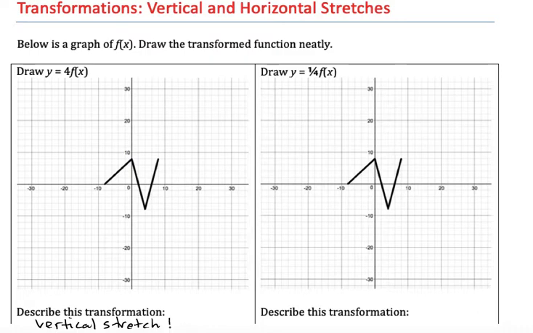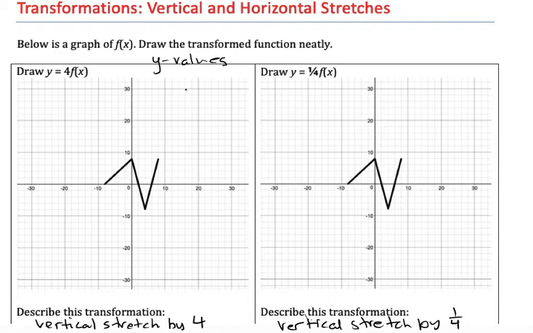Here it's going to be a vertical stretch by 4, and then here it's going to be a vertical stretch by a quarter. Okay, so we're going to take all the y values and we're going to multiply them by 4 here, and we're going to multiply them by a quarter here.